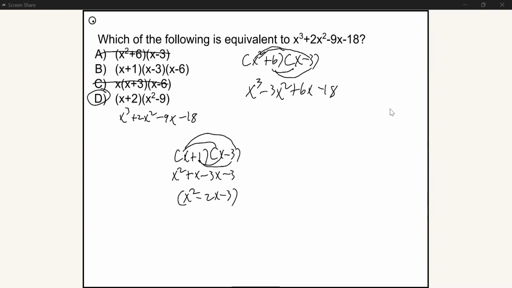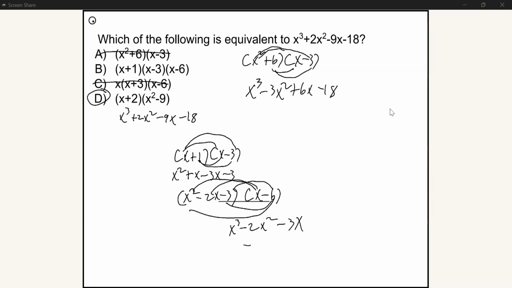And now we're going to multiply that with x minus 6. When I do that, I like to do the binomial times the trinomial. That's how I do it in my head. So I'll do x times everything. So that'll be x cubed minus 2x squared minus 3x. And then I'll do negative 6 times everything.